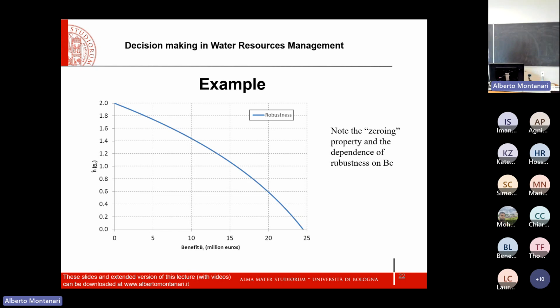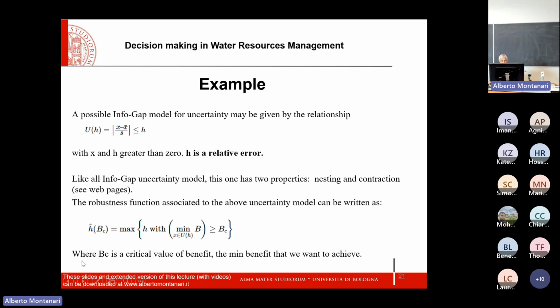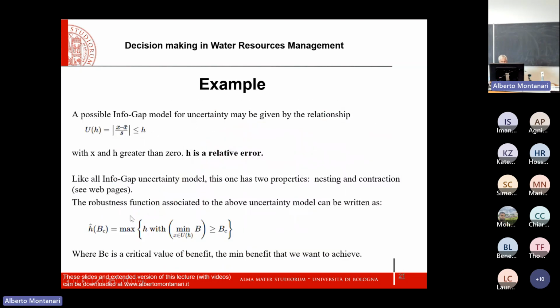So I have to look for the minimum uncertainty that makes the dream true. And therefore, in this equation here, I will look for the min instead of the max, in the definition of H tilde.